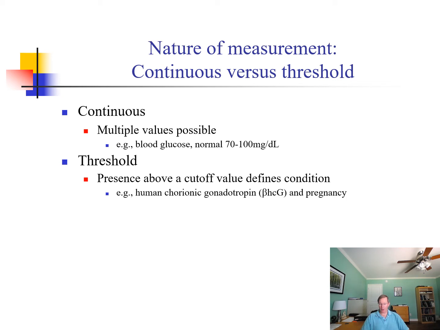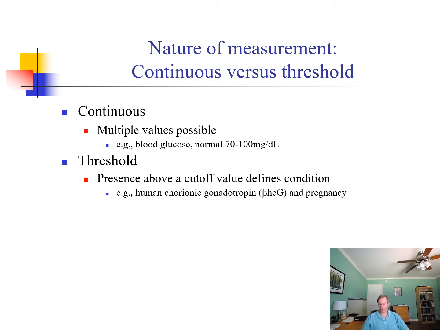But if it's abnormal, it might lie outside of that range. For example, I've seen blood glucose readings as low as 20 milligrams per deciliter, and I've seen them above 2,000 milligrams per deciliter. So humans can have an enormous range of values. Only a portion of those might actually be in a normal range.